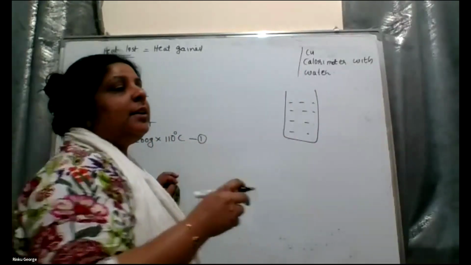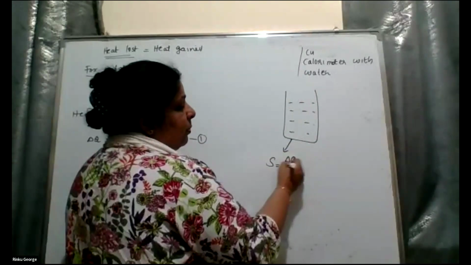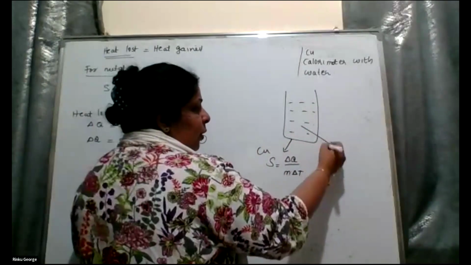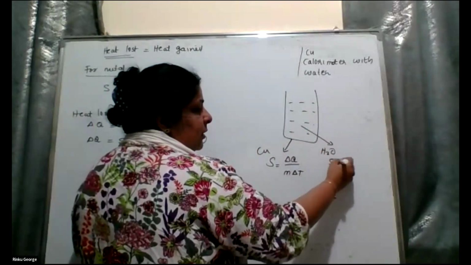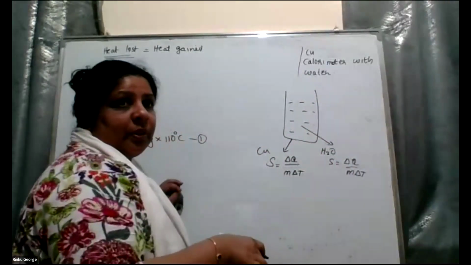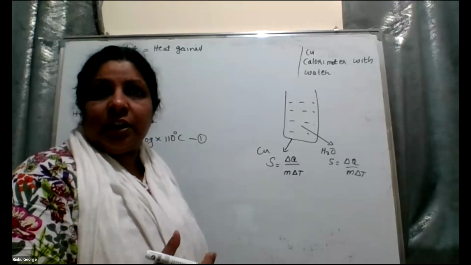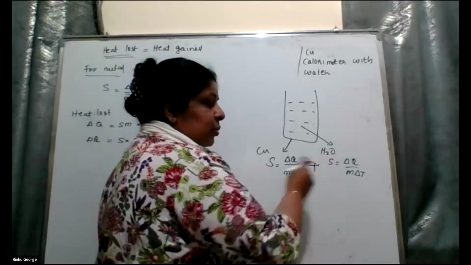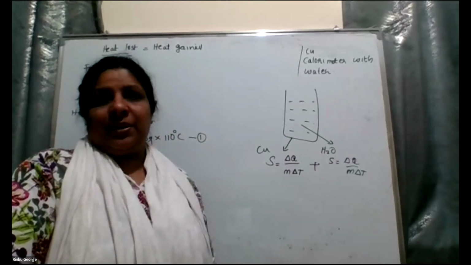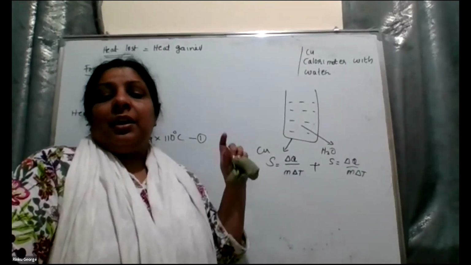So for copper, you will write S is equal to delta Q by m delta T. And for water separately, you have to write S is equal to delta Q by m delta T. This is actually what you have to do. Because the copper temperature is becoming 40, the water temperature is also becoming 40. Then you will add these two, that is the total heat gain. But in the textbook example, you are doing it like this. But in this question, it's mentioned.